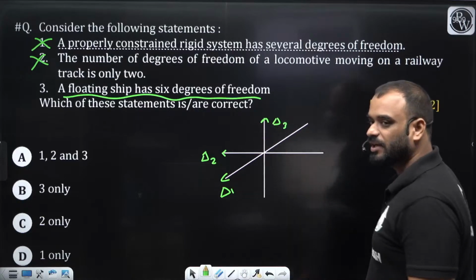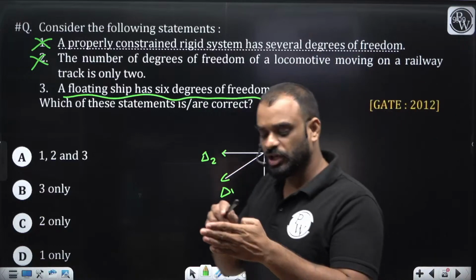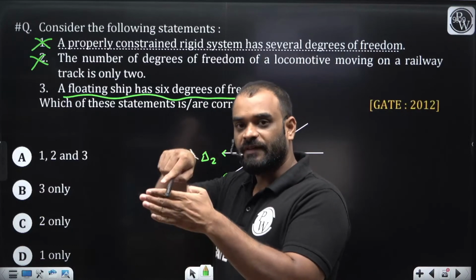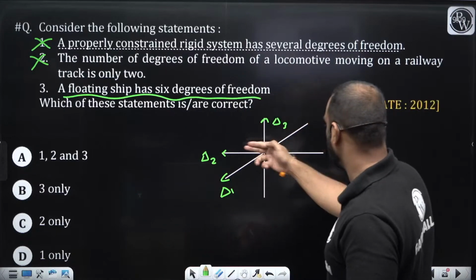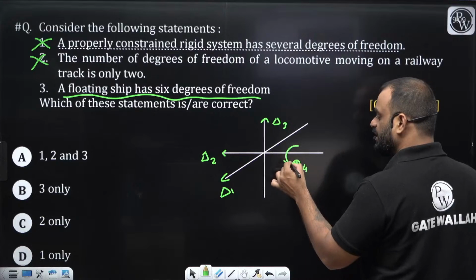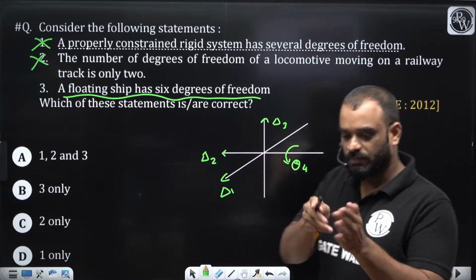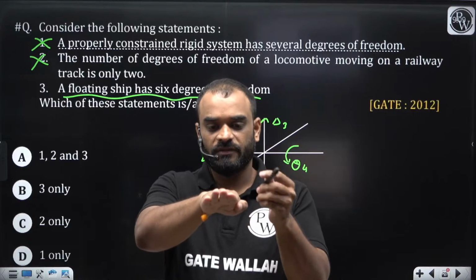And why it is so, I have already explained, right? Now guys, if the ship has some rotation about this particular axis, we can write here theta 4. Now the ship can rotate like this also. This is our ship, right?